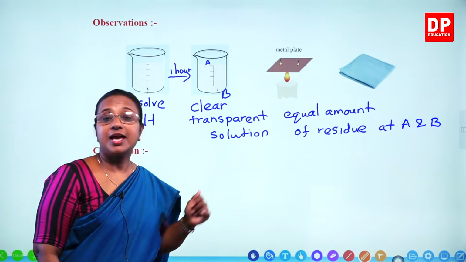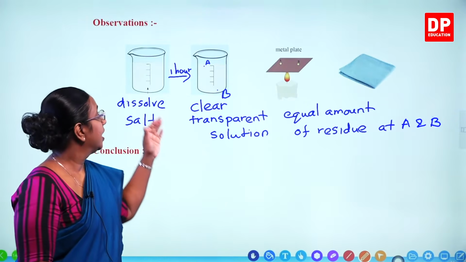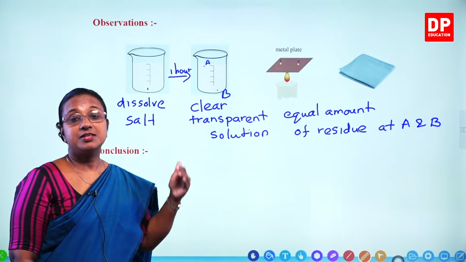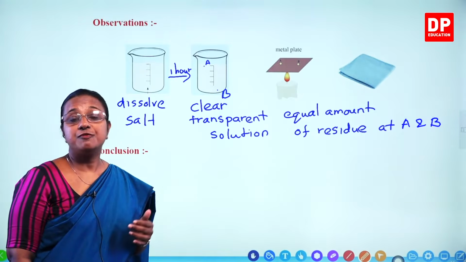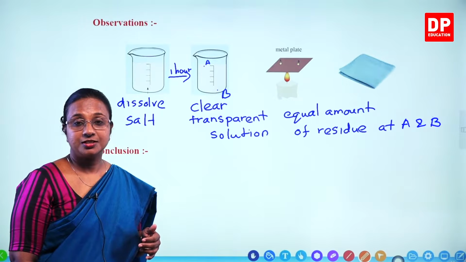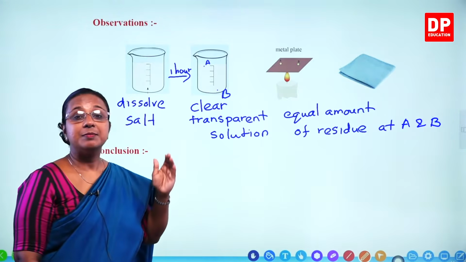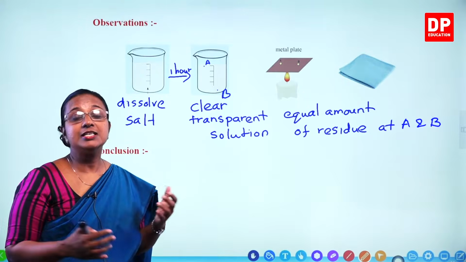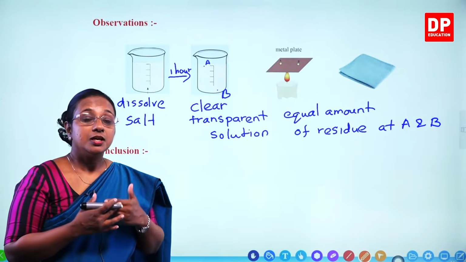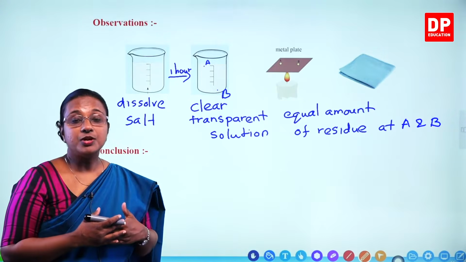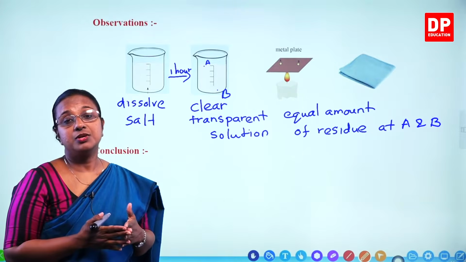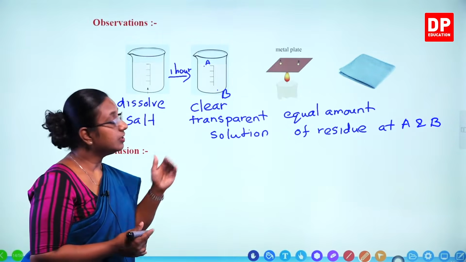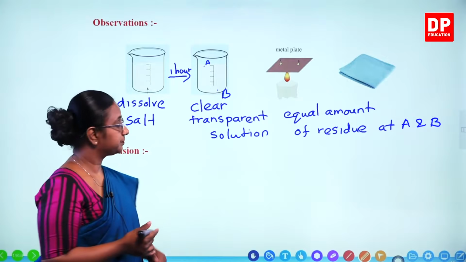From this, what can we conclude? The salt solution, the transparency or the color is uniform throughout the solution. Therefore, the particles in a unit volume of the solution is equal. So, the contents or the components are distributed uniformly throughout the solution or throughout the mixture.